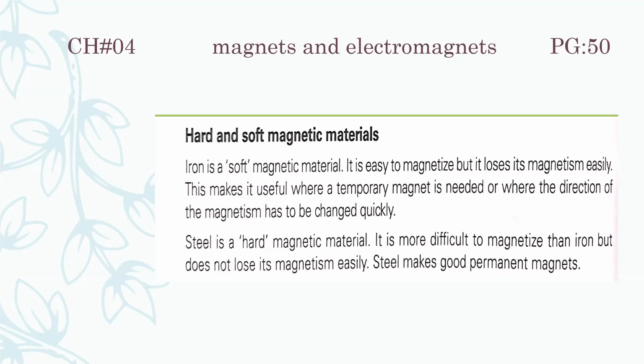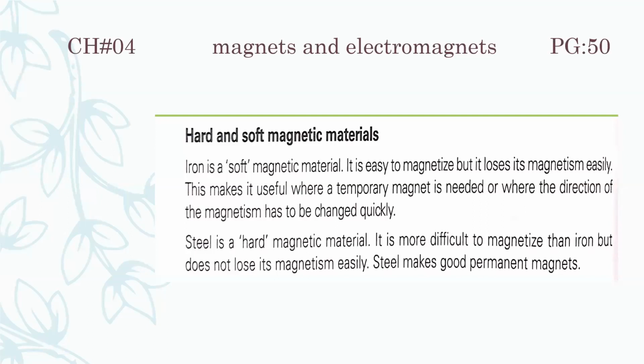Steel, on the other hand, is a hard magnetic material, as I already mentioned, in which it retains its magnetic characteristics. So we can say that it is a hard magnetic material. It is more difficult to magnetize than iron, but it does not lose its magnetism easily. Once steel is magnetized, it will retain its magnetic characteristic, and it doesn't lose its magnetism easily.